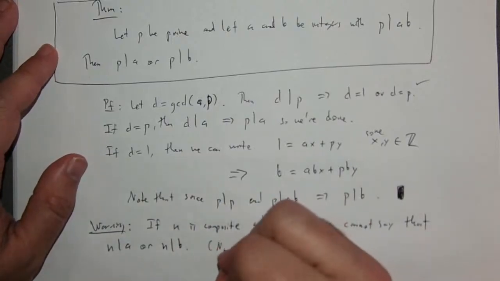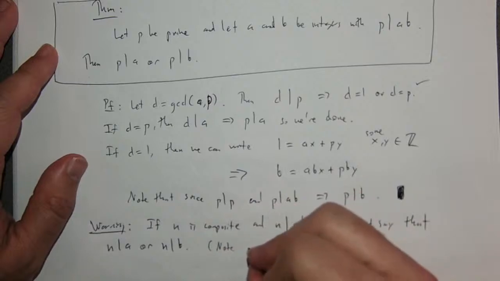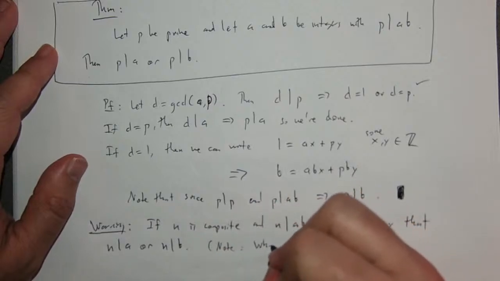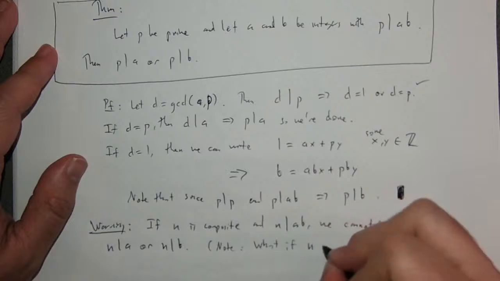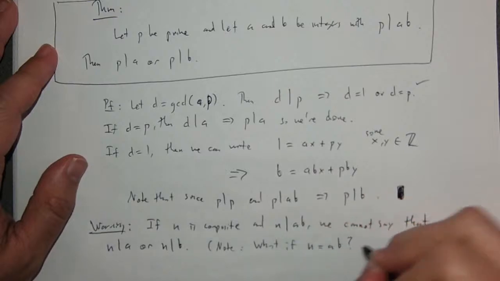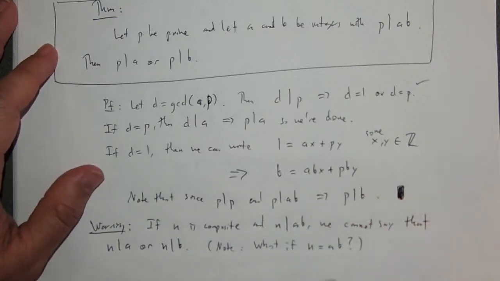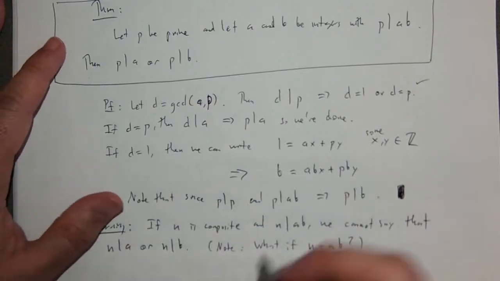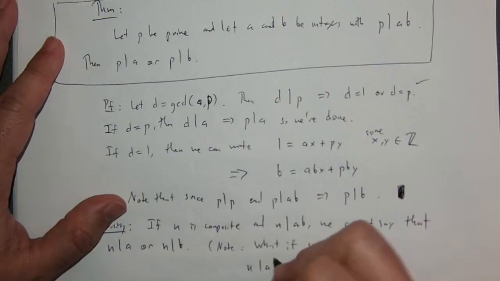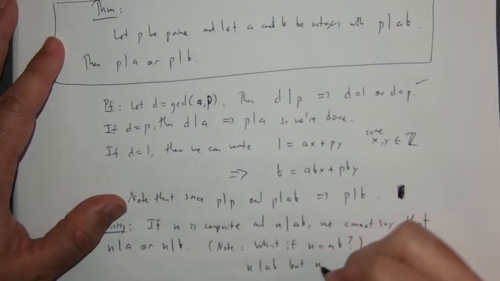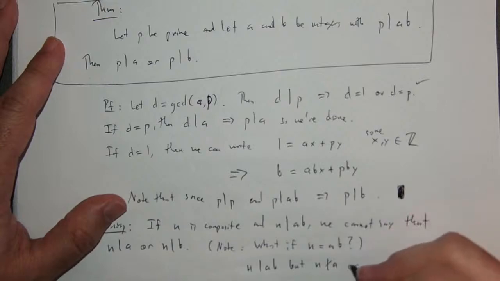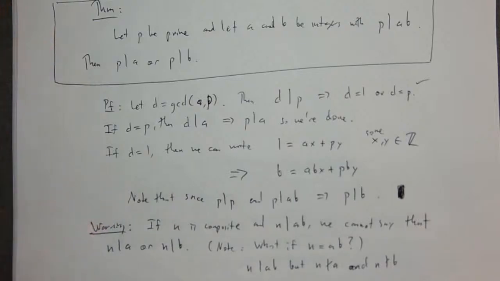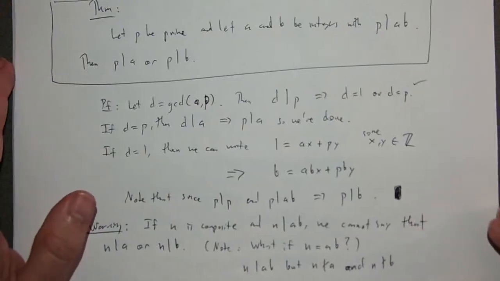So note, what if n is equal to AB? So that always works. So then n divides AB, but n does not divide A and n does not divide B, if we let it be non-trivial, right?